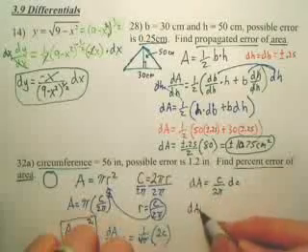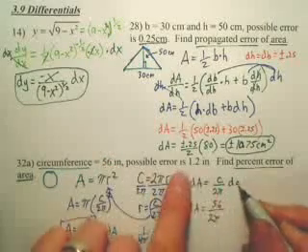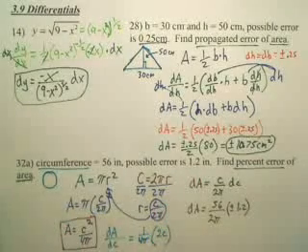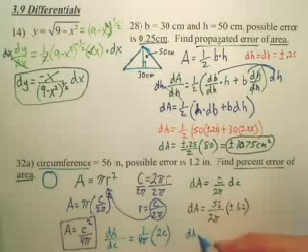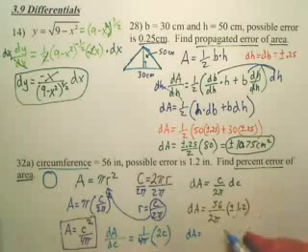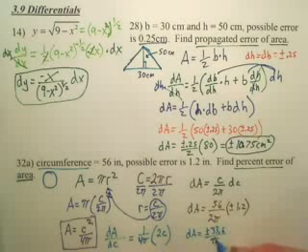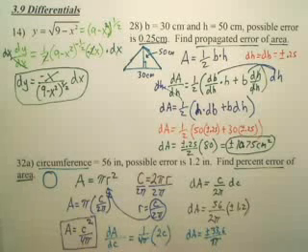So wouldn't dA be equal to 56 for circumference over 2 pi, and isn't my change in circumference going to be plus or minus 1.2? So your dA ends up being, I'll just give you that funky looking number, plus or minus 33.6 pi. That's your possible error discrepancy.